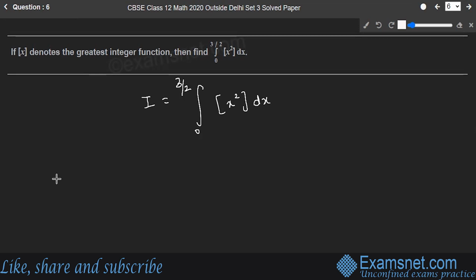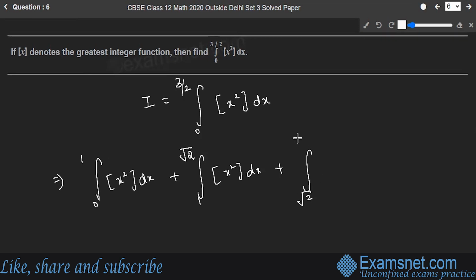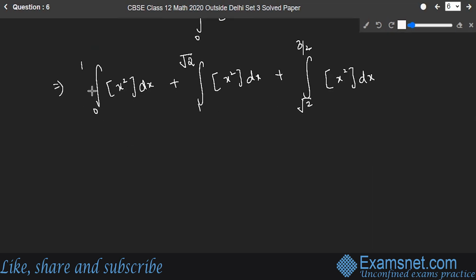See now, I'll break it up into the integral from 0 to 1 of x squared dx plus the integral from 1 to root 2 of x squared dx plus the integral from root 2 to 3 by 2 of x squared dx. Right. See, from 0 to 1, what is the greatest integer function? This is 0. In this interval, because you have to take the lowest value, this is equal to 0.